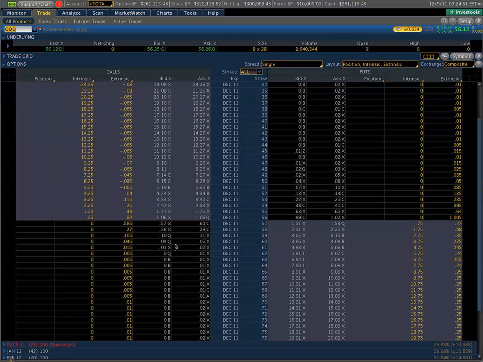Now, one thing that you need to remember is that when you purchase an option, when you buy an option, the most you can lose is the price of that option. So, for example, if you were to purchase just one of these December 11th 50 strike price calls, the most you would lose is the price that you paid for that option.